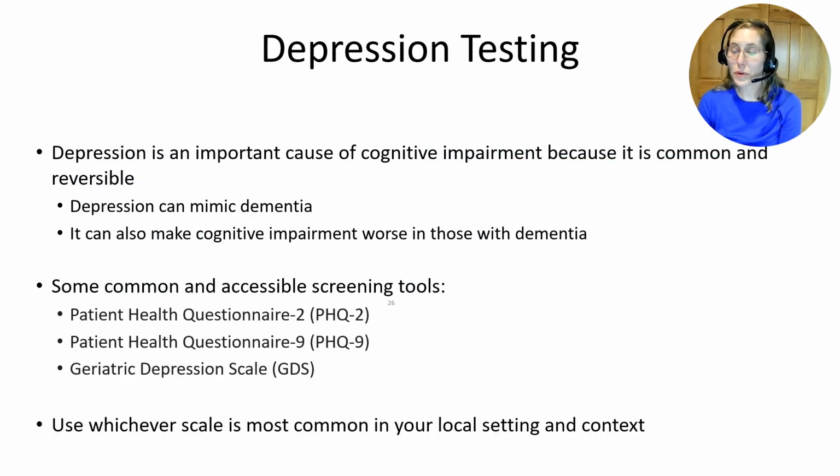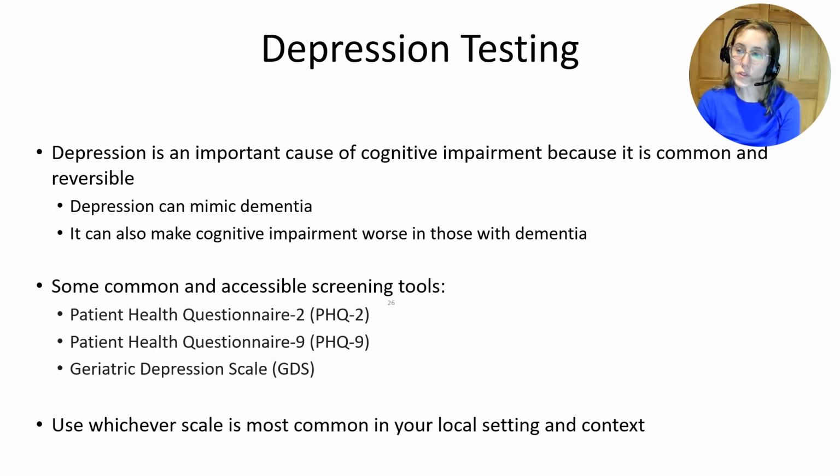Now, as mentioned before, this will be addressed in another lecture, so I will not belabor this point, but I do just want to make sure that it is clear that depression is a very important cause of cognitive impairment, and it is reversible. And so it really needs to be a part of your toolkit when you are working up anyone who has memory concerns.